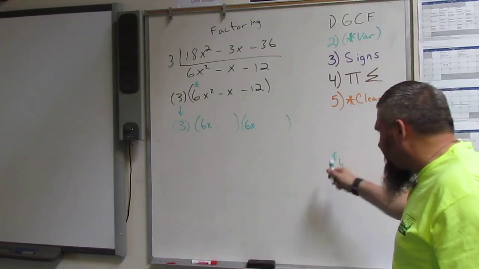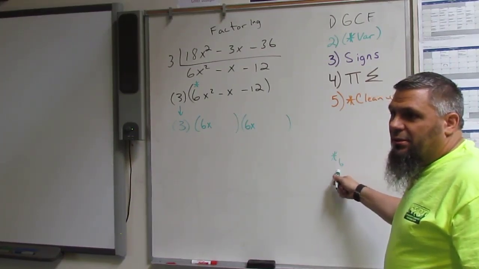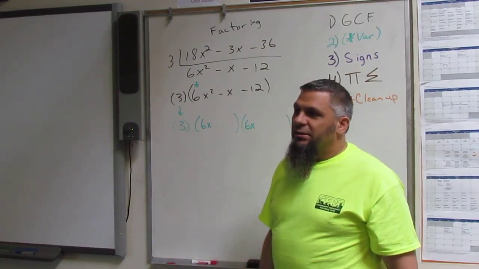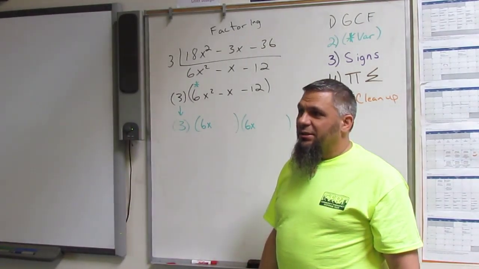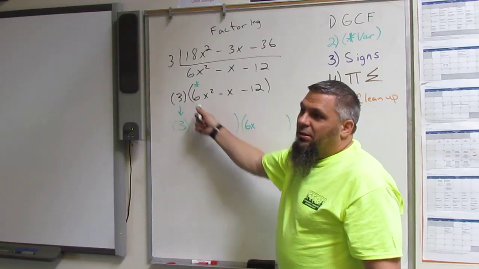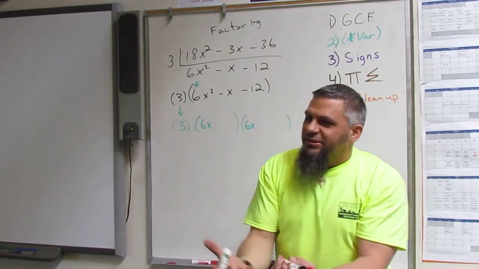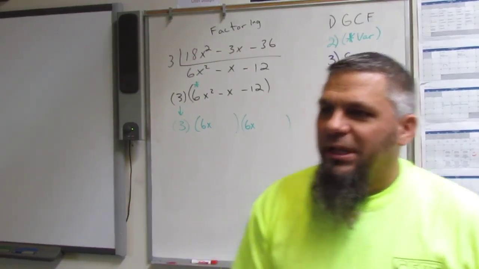Don't forget the star. The reason is, what's 6 times 6? 36, right? It's not 6, is it? These two have to multiply to become this. I have an extra factor of 6 in there that I have to clean up later.